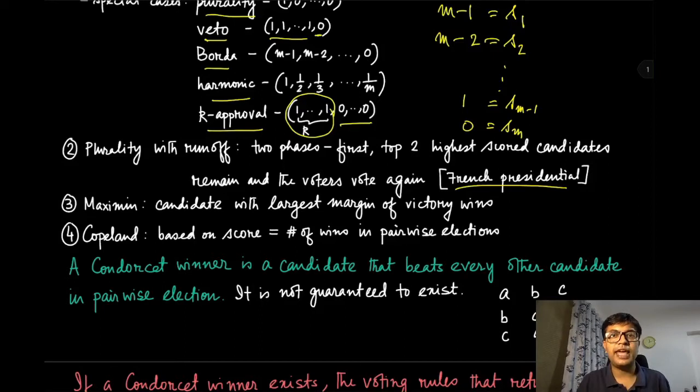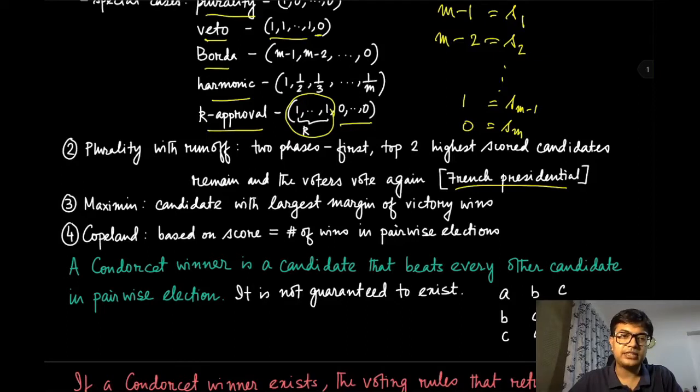If A wins the pairwise election against B, then we give A a score of 1. Similarly for all possible pairs, all m minus 1 pairwise elections for that particular candidate, we look at who becomes the winner. So the Copeland rule is essentially that whoever has the largest score based on those pairwise elections is going to be the winner.